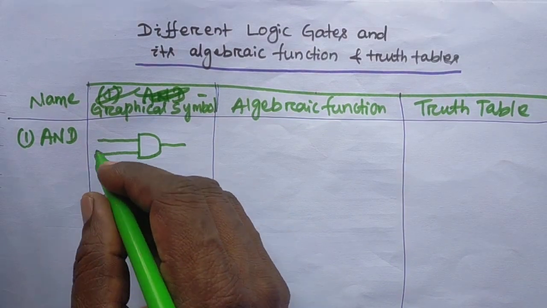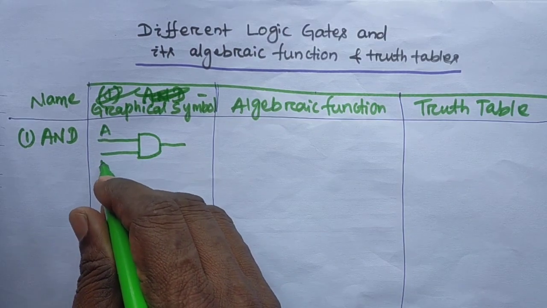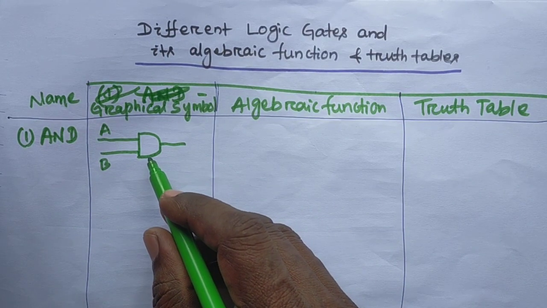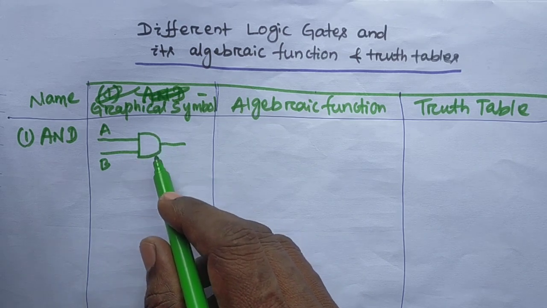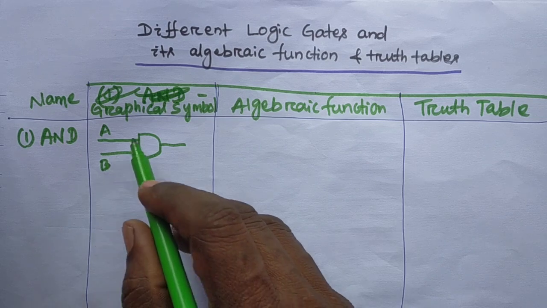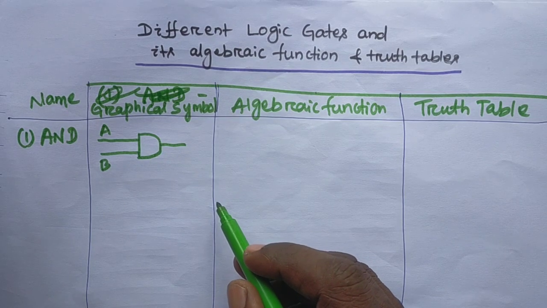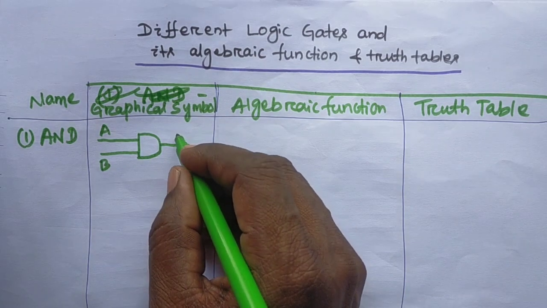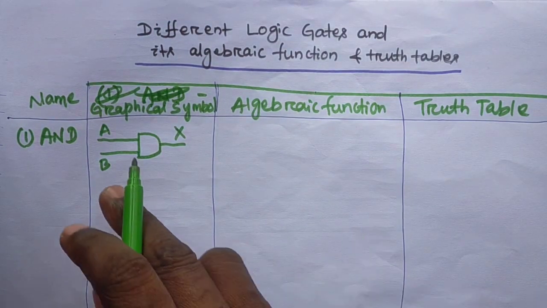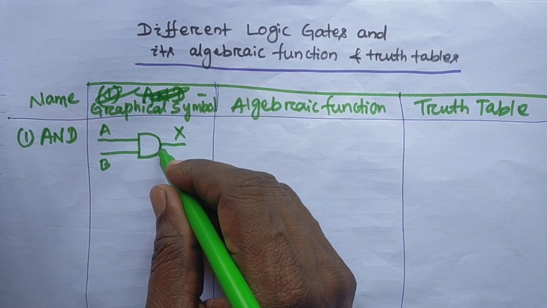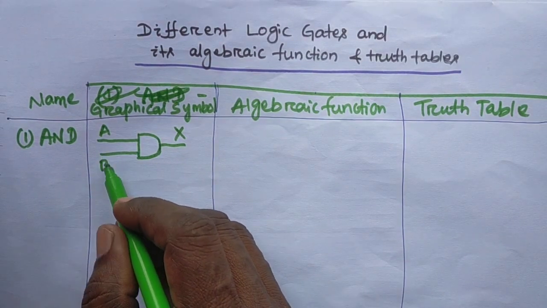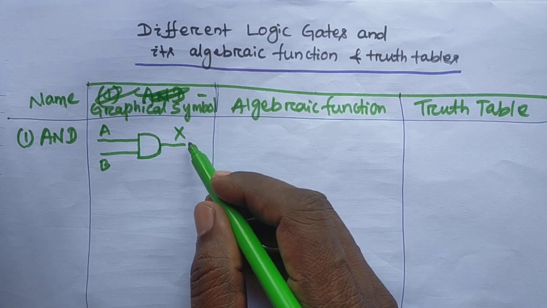So let us consider A and B as two inputs to the AND logic gate. This symbol, if designed, is the AND symbol, and one output we can get, let us consider X as the output. So symbolically, this is the AND logic gate, with two inputs A and B and one output X.